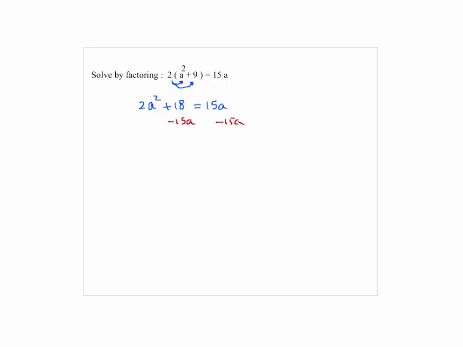Right, you subtract 15a. And remember, we want to move everything to one side of the equation. So I get 2a squared minus 15a plus 18 equal to 0. So what would be the next step, Sunit?